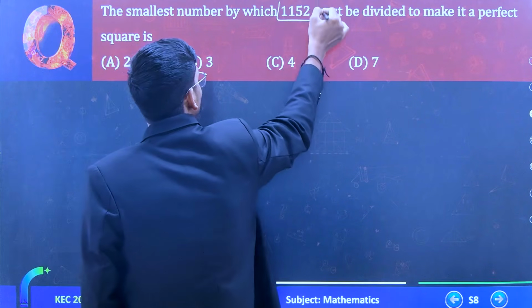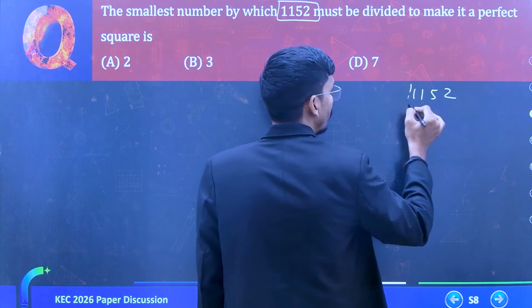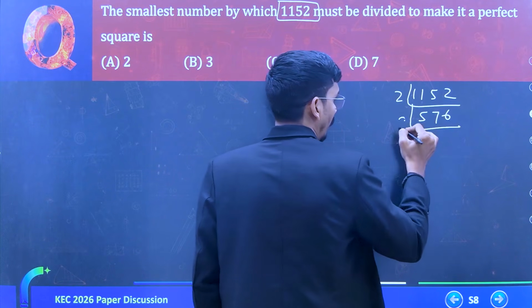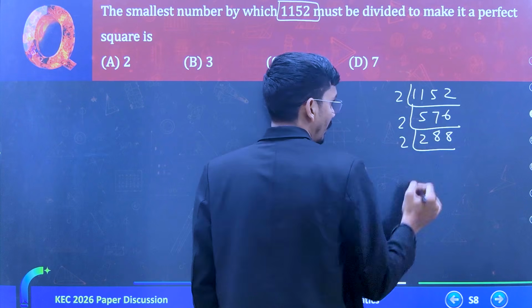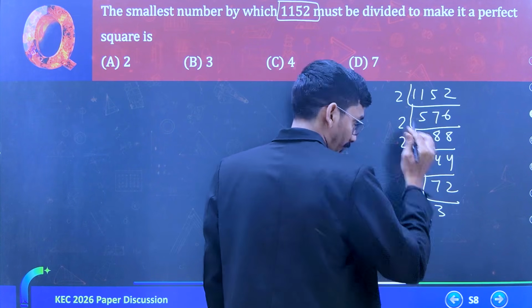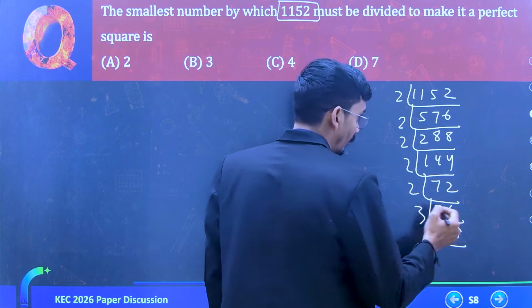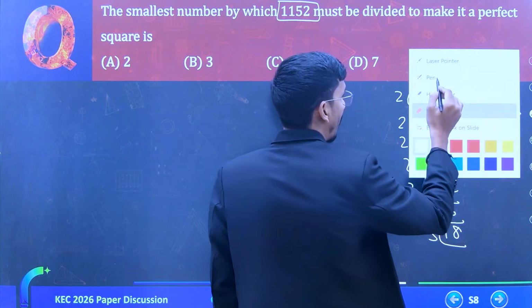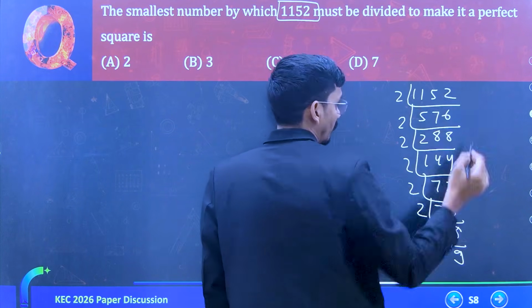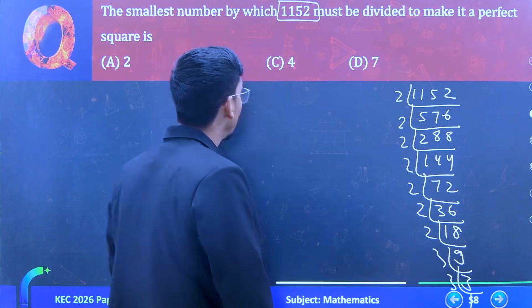So first of all, beta, just find the prime factorization of 1152. 1152, 576, 288, 144, 72, 36, 18, 9, again 3, 3.